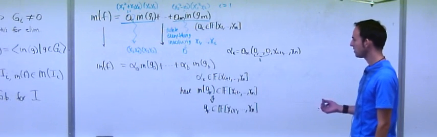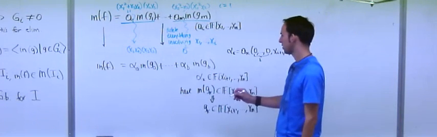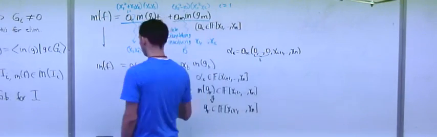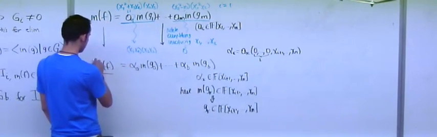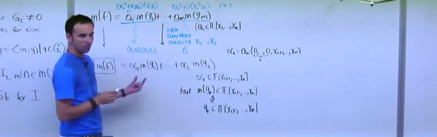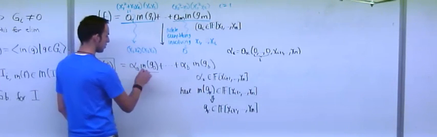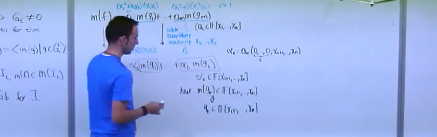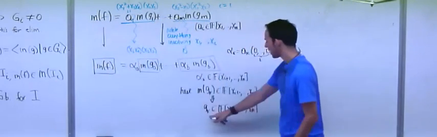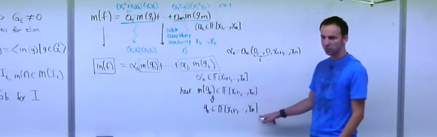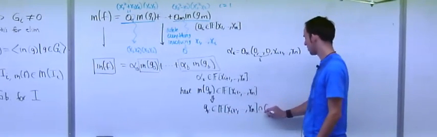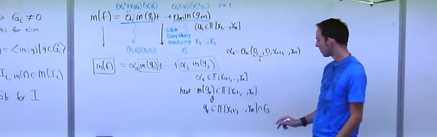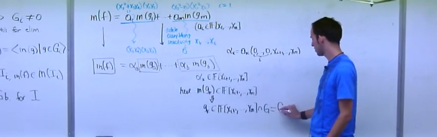And so what that means is that I just wrote the initial term of f as a combination of initial terms of GIs. The GKs only involve the last I variables, but by definition they are in G, because they're elements of my Gröbner basis, and by definition this is exactly the set GI.